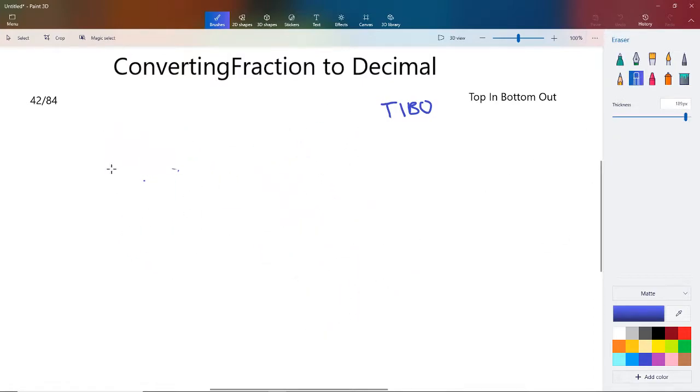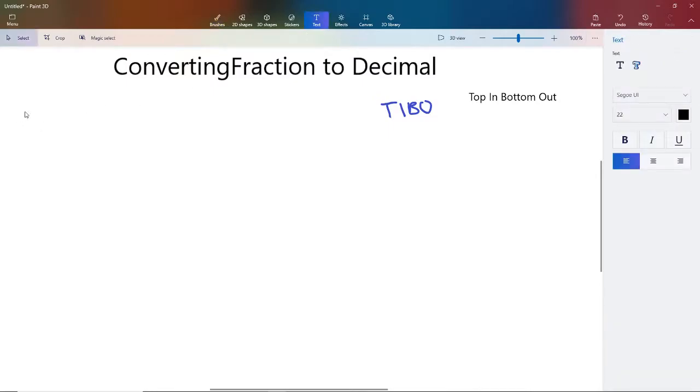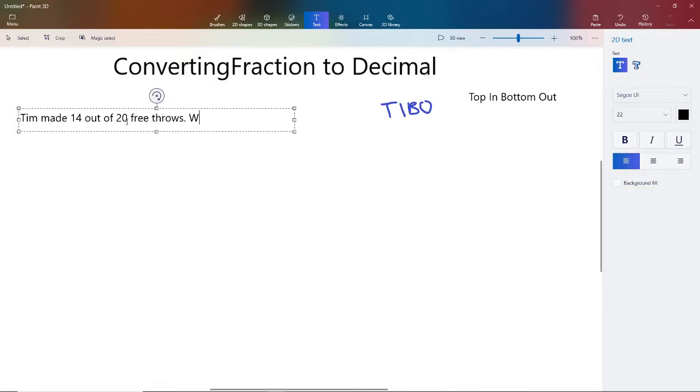Alright. Now we are going to do a little word problem. So we'll say Tim made 14 out of 20 free throws. What is this fraction as a decimal?